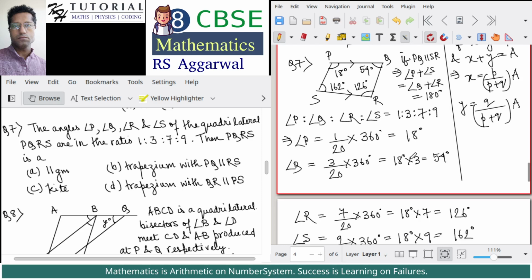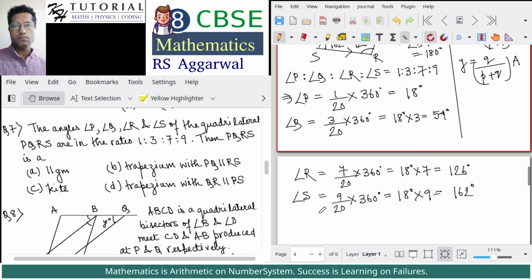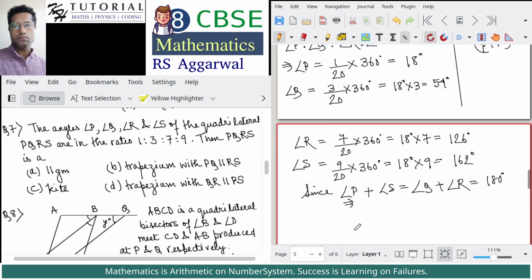So we can say since angle P plus angle S is equal to angle Q plus angle R is equal to 180 degree, this implies that PQ is parallel to SR. So this implies that it will be a trapezium.